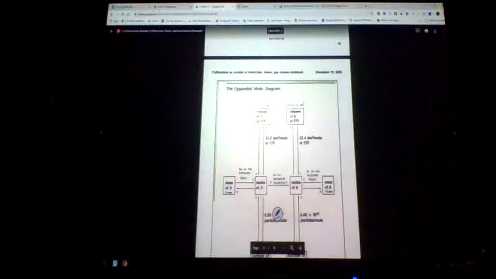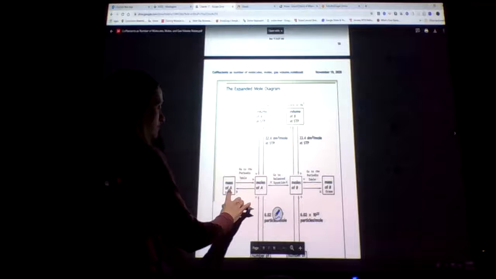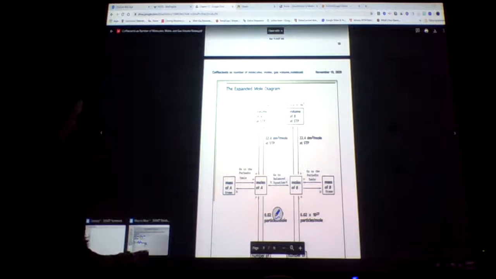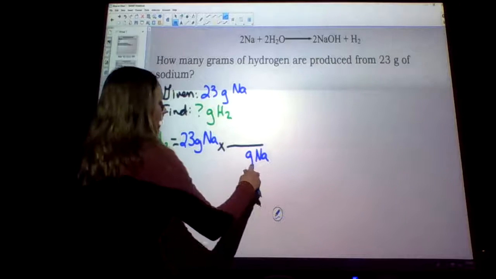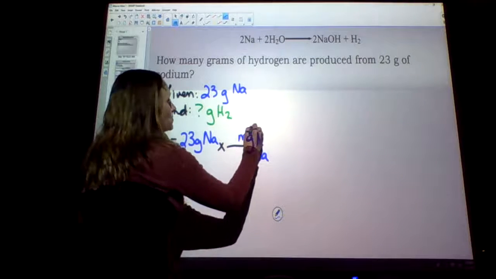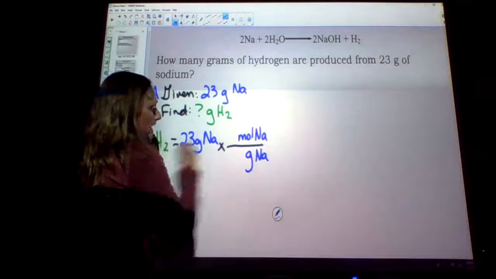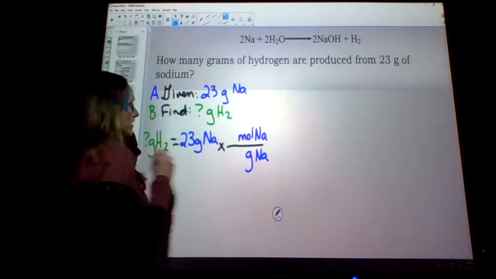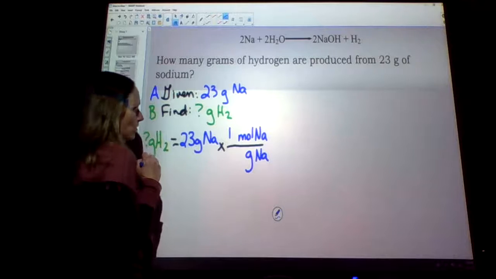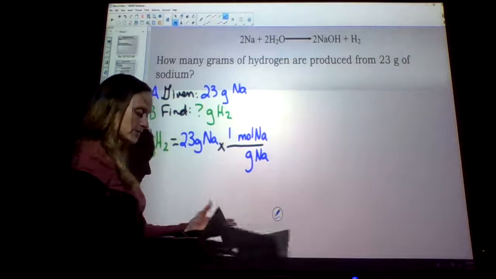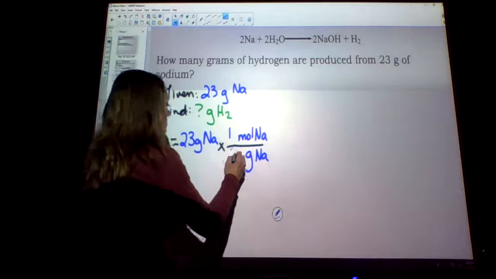Looking at our mole diagram, we're going to go mass of A to moles of A, so mass of sodium to moles of sodium. Since our substance is the same in the equality, top and bottom, we'll put a 1 in for our mole. We go to our periodic table, and sodium has the mass of 23 grams.